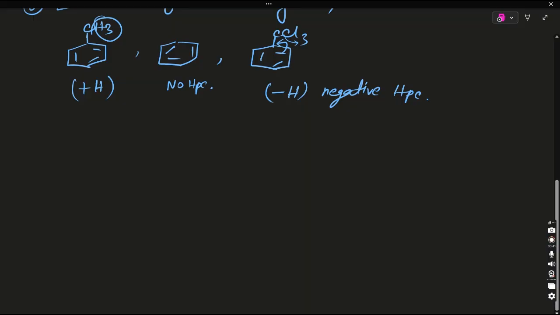So if we compare the electron density of the ring, the order is A is greater than B is greater than C.